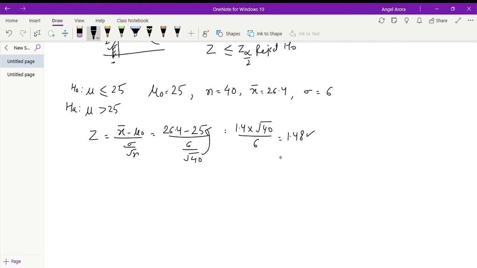So now the next step is to calculate the p value here. So what will be the p value here? As I already told you, I am calling this value z data, 1.48. So the p value lies to the extreme part of the z data. So this will be the p value area. And how to calculate this value?